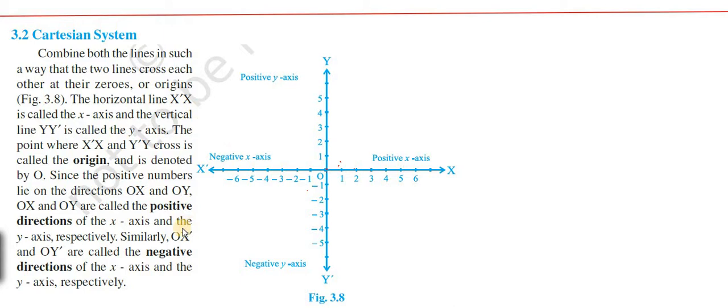So this is the Cartesian system. Here, if you get two coordinates, all the points are positive: plus and plus. This is known as the first quadrant. This is known as the second quadrant.